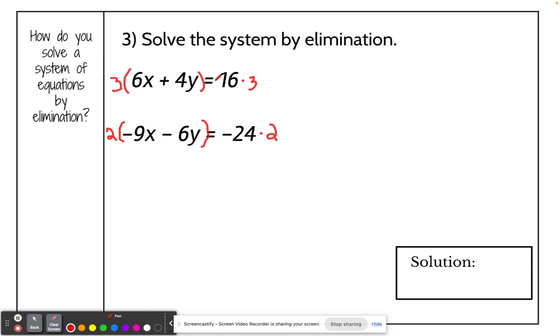Three times 6x is 18x. 3 times 4y is 12y. 3 times 16 is 48.